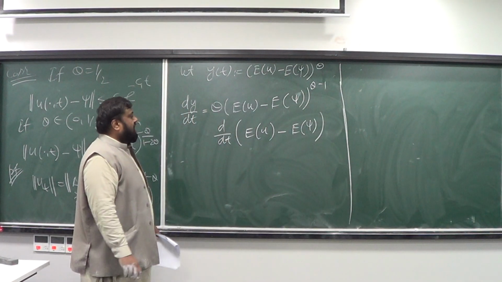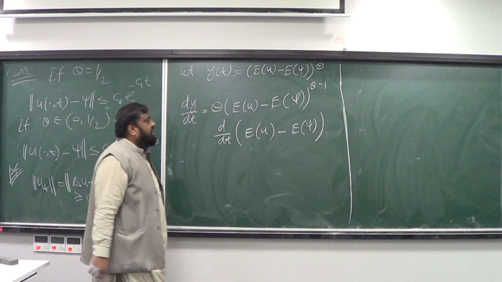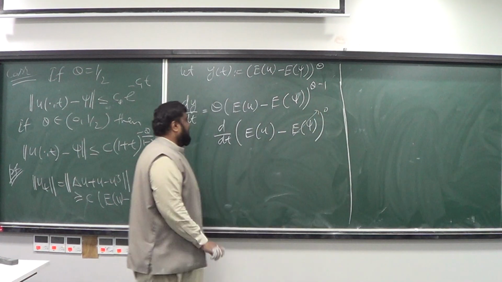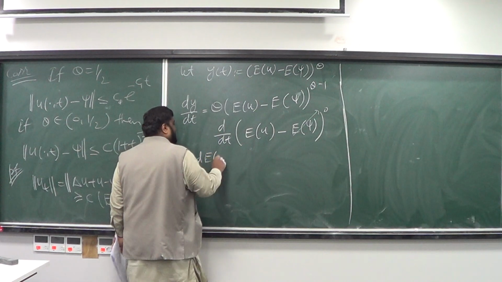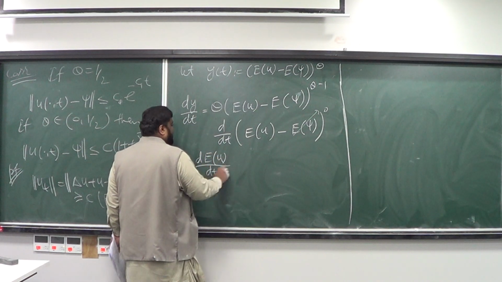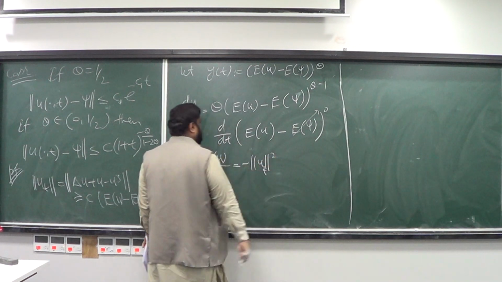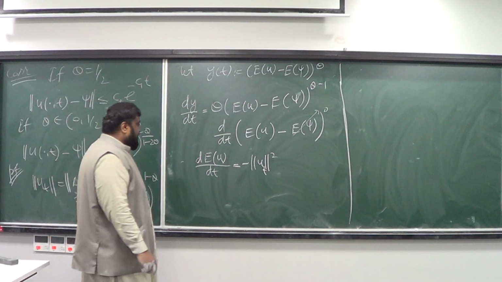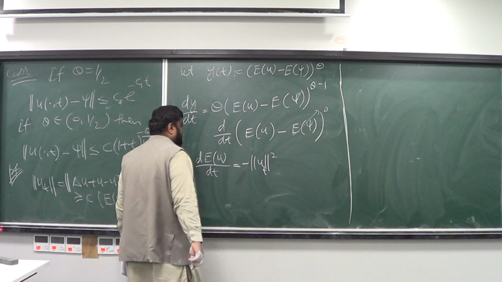Now I know that psi is time independent, so the derivative of E of psi is going to be 0. I also know that the derivative of E of u with respect to t is minus the norm of u_t squared. This is also a known fact, so I can substitute this value.